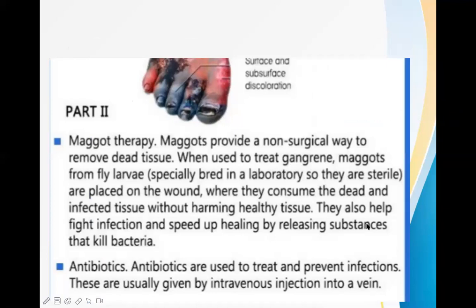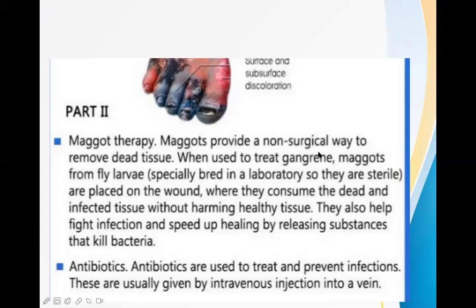Okay, now see there, the part 2 management of a gangrenous area. There is a special type of therapy known as maggot therapy. Now these maggots are the larvae of the fly, the common house fly. Now what is the use of these maggots?